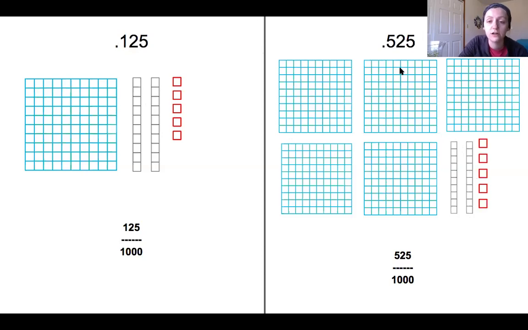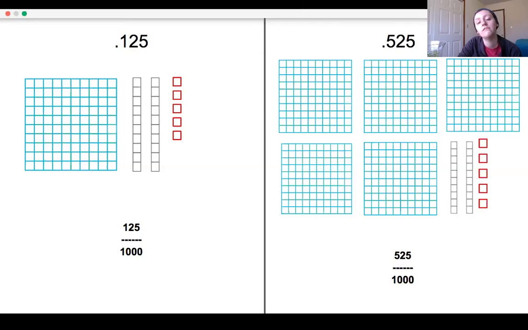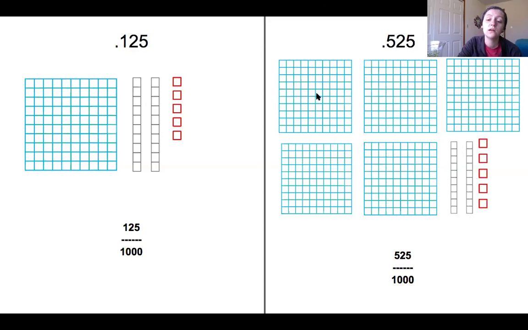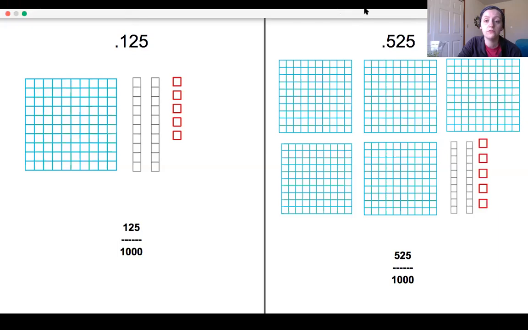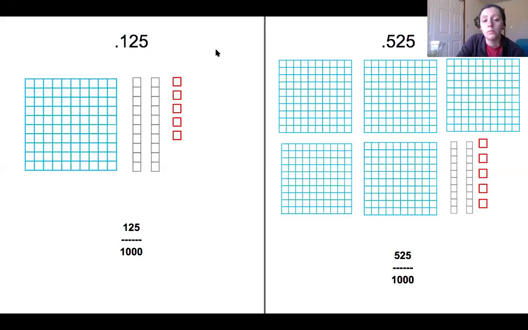Well, I know the 5 is greater than 1, so 525 has to be the greater number. So for that problem, you are going to write 125 thousandths is less than 525 thousandths. Okay, so in that space, you're going to write your less than sign.